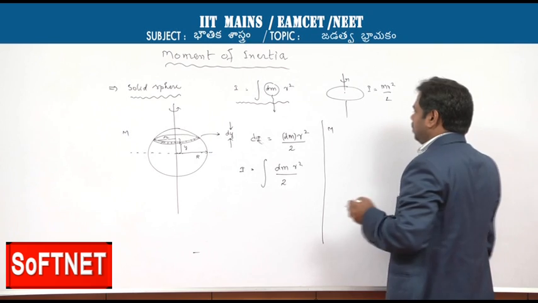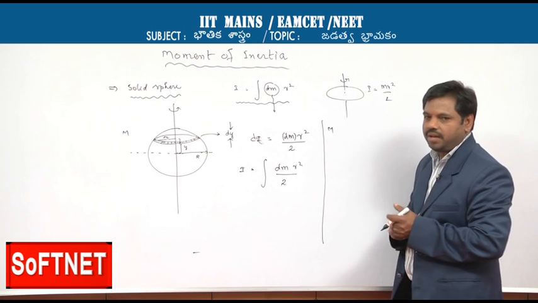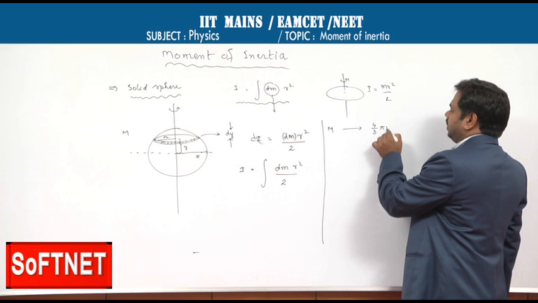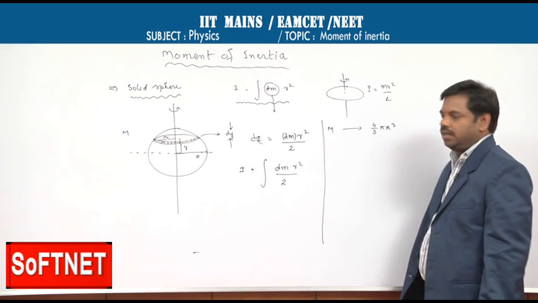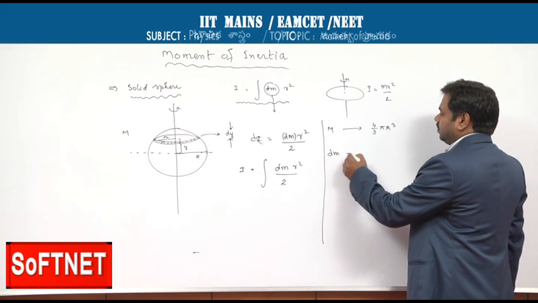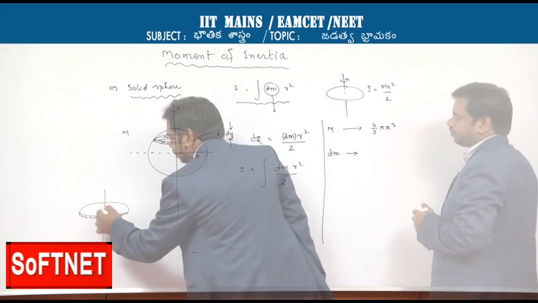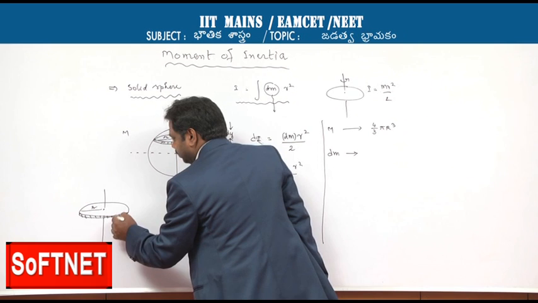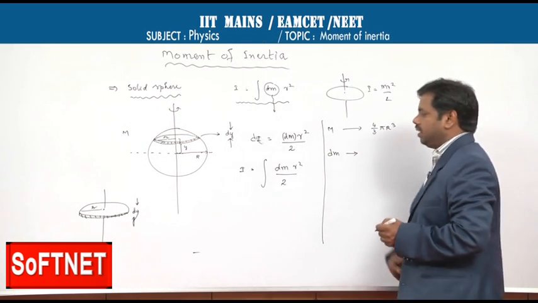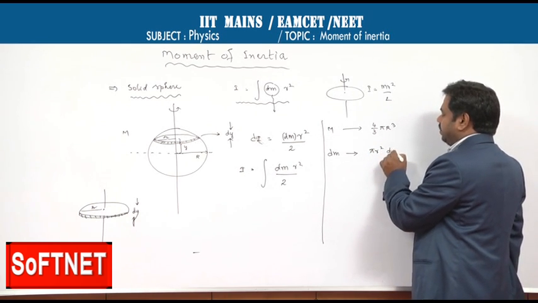Capital M is the total mass of the solid sphere, and the mass is uniformly distributed throughout the volume, that is 4 by 3 pi R cube. Here we have to find the mass of the disk, dm. What is the volume of the disk? The radius is small r and the thickness is dy, so the volume of the disk is pi r square into dy.